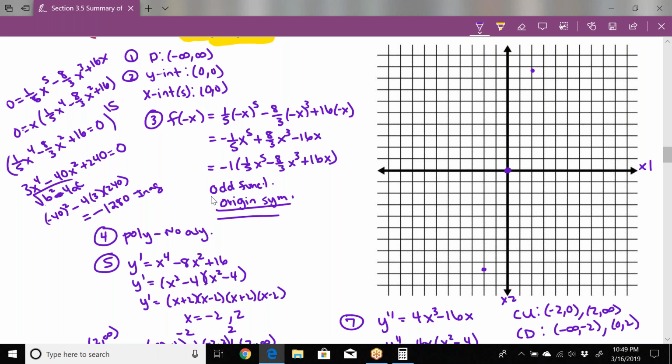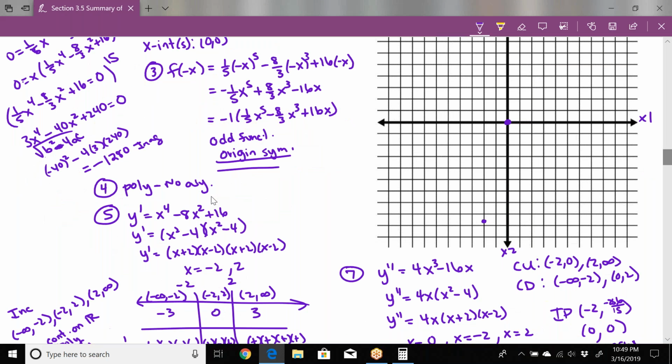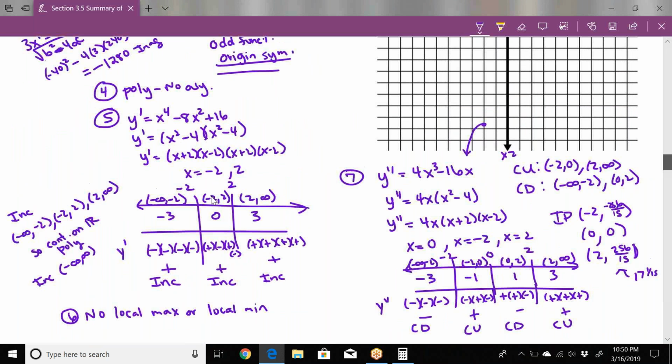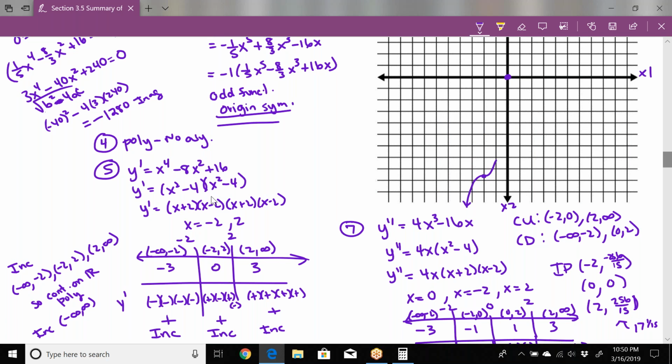Now, what we do know is that we're increasing the whole way up, but we have some changes in concavity. So we are concave down on the very first region, from -infinity to -2. So from here to here, we are concaving down. But then from -2 to 0, we're concave up. So the bowl flips as we head towards this point.